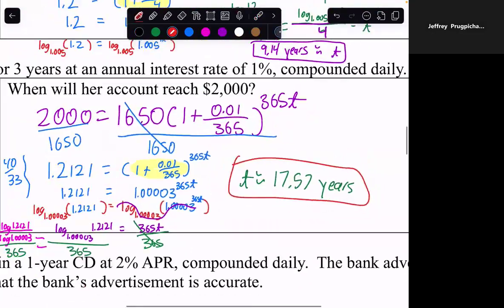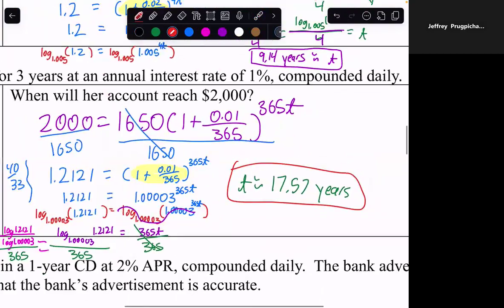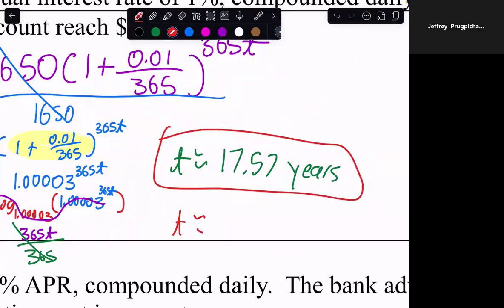The actual value, if you did not round, if you kept it as a fraction and kept the whole parentheses instead of rounding it, is 19.24.